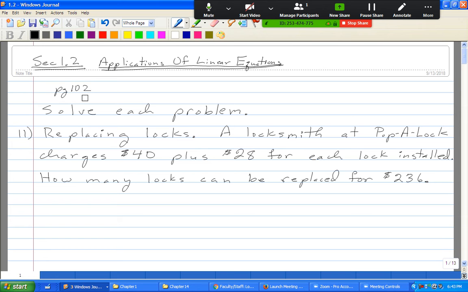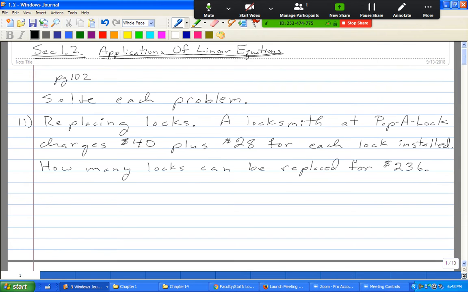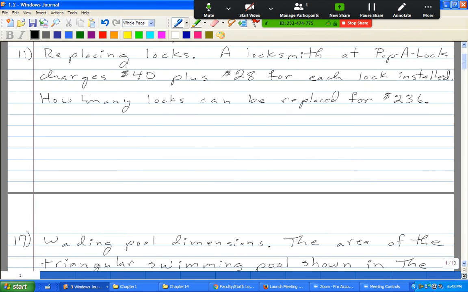Page 102, solve each problem. Problem number 11, replacing locks. A locksmith at Papa Lock charges $40 plus $28 for each lock installed. How many locks can be replaced for $236? So first off, when you read a problem, look to see what the question is asking.